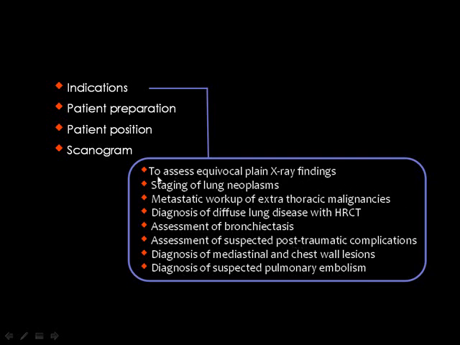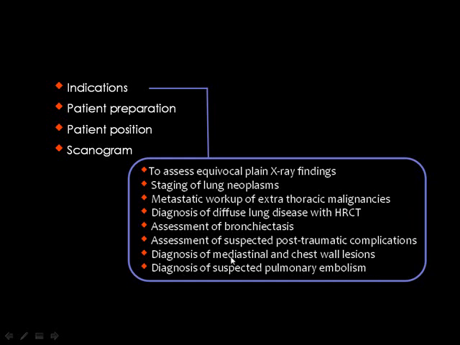This is one of the main roles of CT in the chest, to confirm or assess equivocal plain X-ray findings. And of course, it has many tasks in the evaluation of the chest, concerning lung neoplasm and extrathoracic malignancies, assessment of diffuse lung disease, chest wall and the mediastinum.